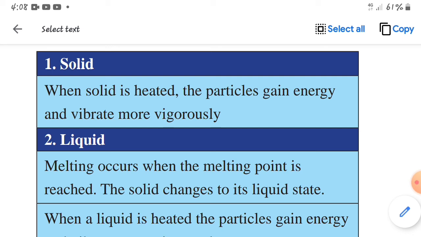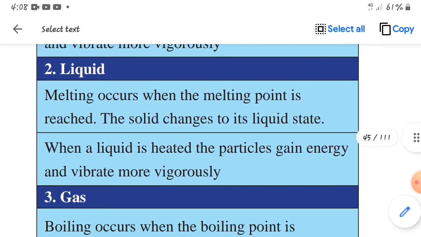Important 5 mark question. See the solid children, when the solid is heated the particles gain energy and vibrate more vigorously. This is the first point. And liquid: melting occurs when the melting point is reached, the solid changes to liquid state. When the liquid is heated, the particles gain energy and vibrate more vigorously.